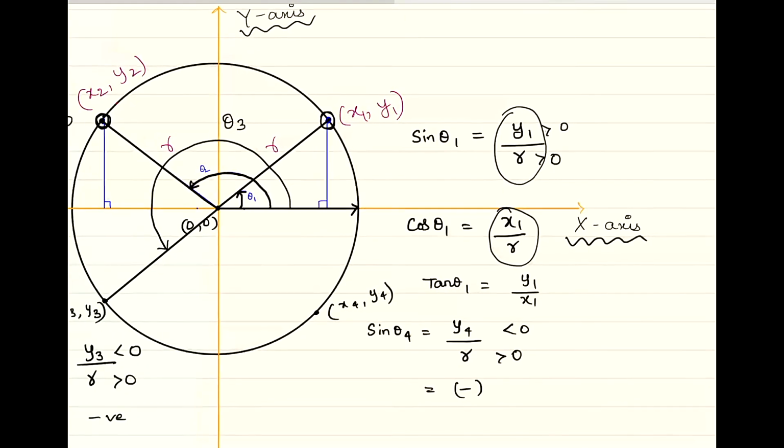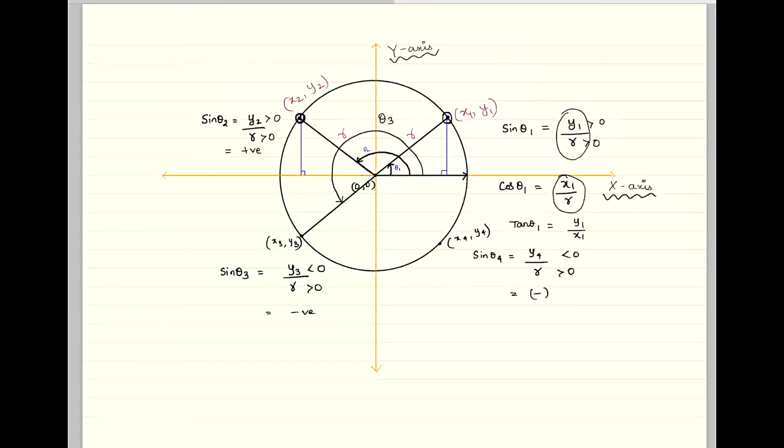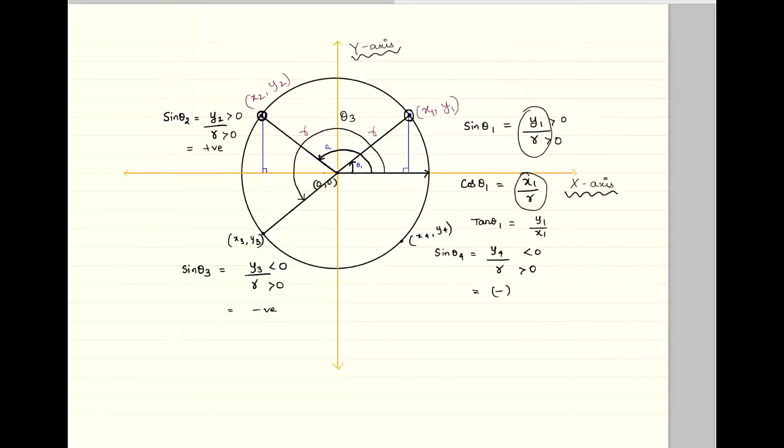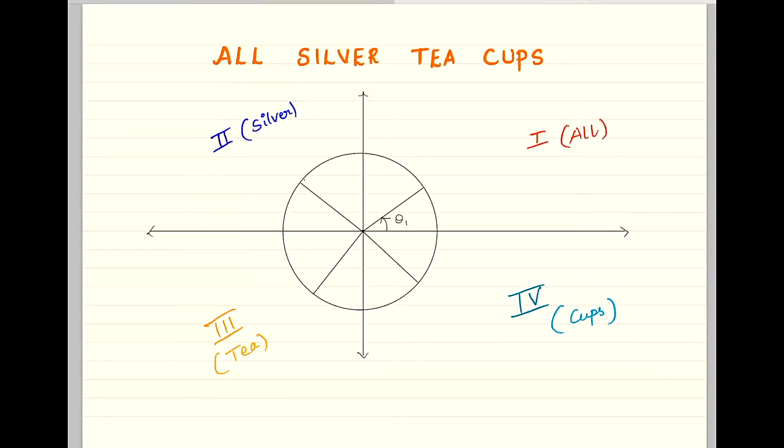Now based on this information, let's see how this rule has come up. So this is the rule, All Silver Teacups, right? First let's take the point in the first quadrant. In the first quadrant all the trigonometric ratios are positive. That's why they say this is "All". Silver means S for sin, T for tan, Cups, C for cos.